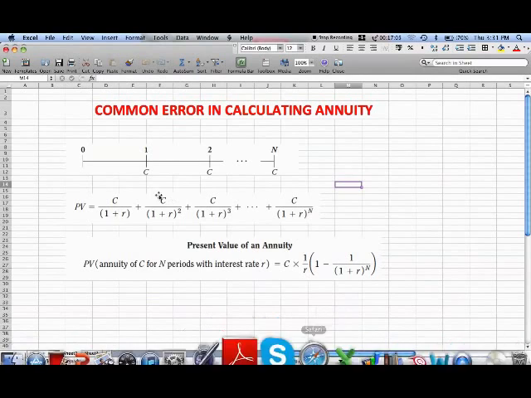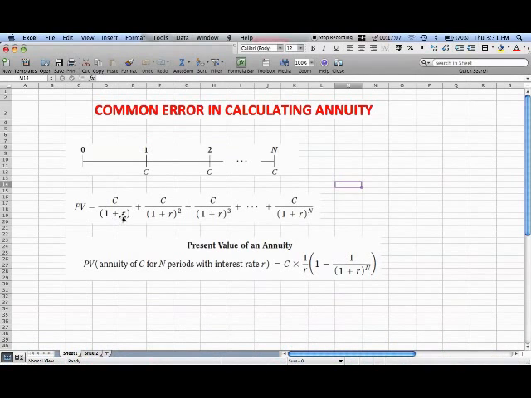So if you go back to the Excel file, then you have R here, because you can also put R1 or R2. But the formula we gave you only has one R, so it implicitly suggests that we need to use only one discount rate or one rate of return.